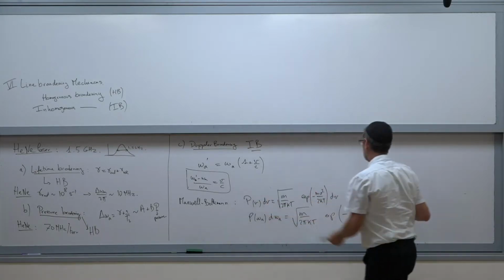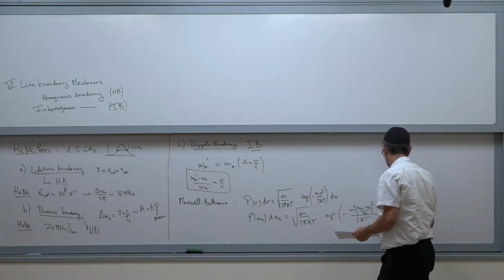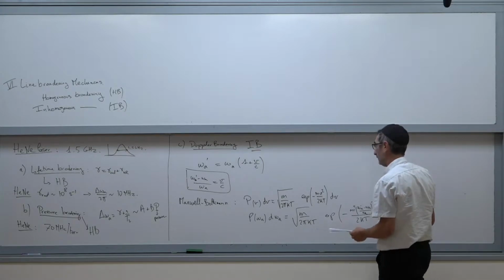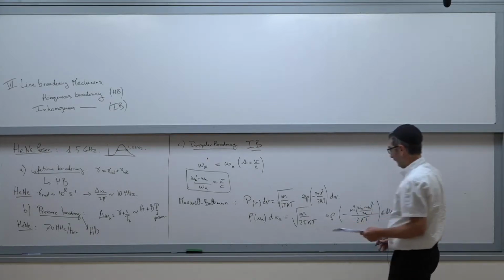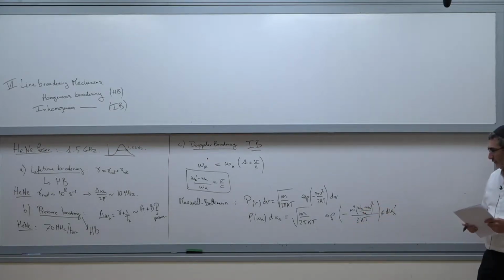And dv is in here, so let's put c times d omega A prime. So this is what you obtain by changing the variables.